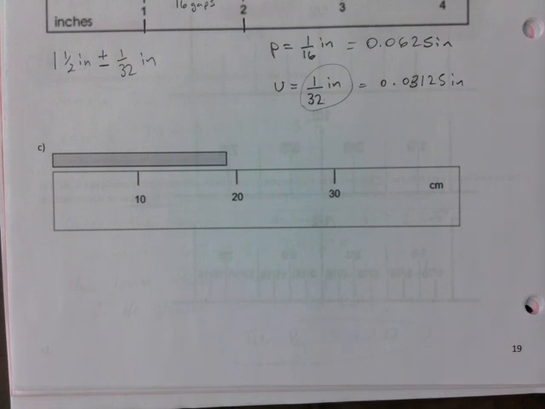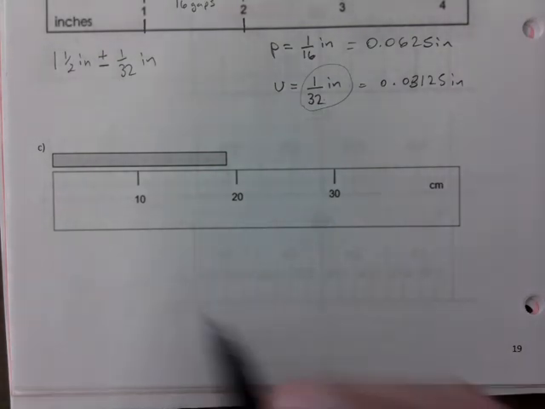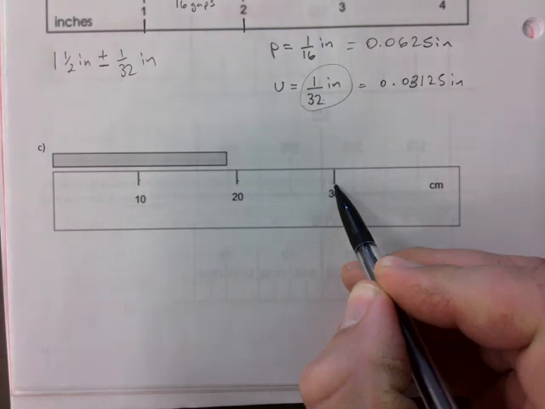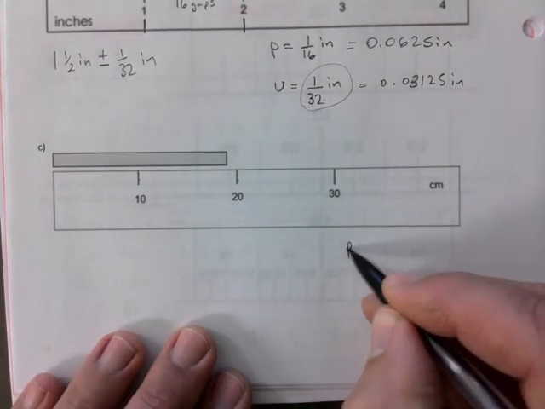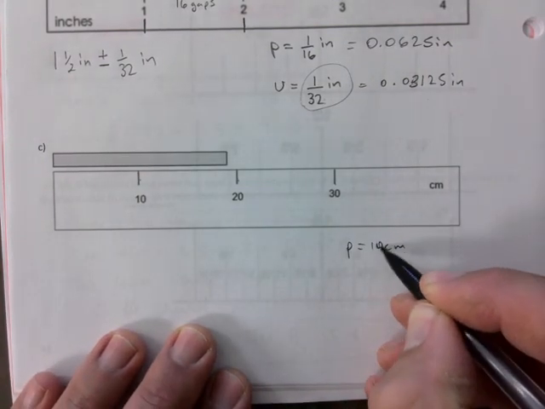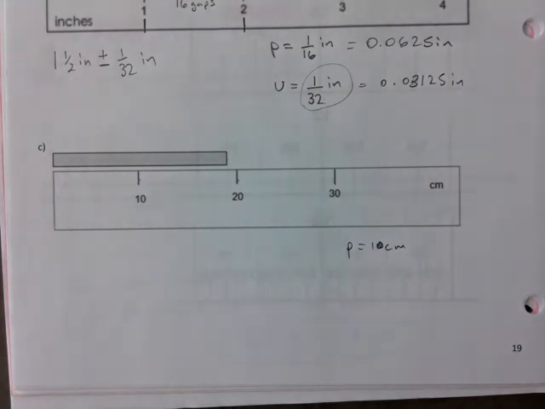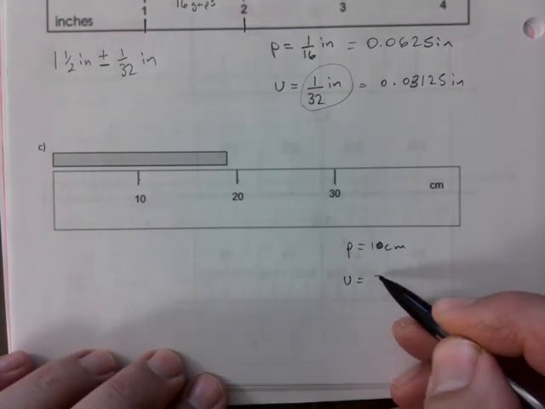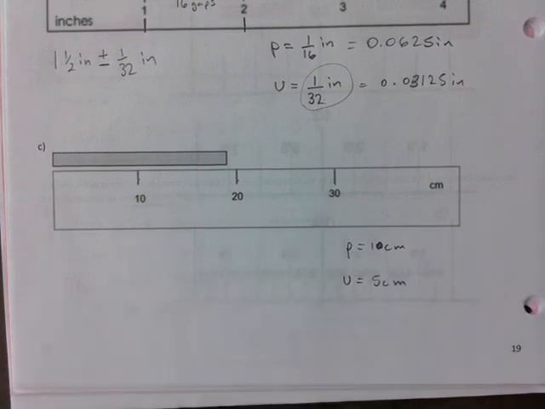I'm just going to wait for Mr. Dirksen to do this one because it's weird, right? Well, just look at it. From marking to marking, how much am I going up by? 10. So precision is 10 centimeters, right? I hope you can wrap your head around that. I know it's weird, but what's half of 10? That's 5. So you've got your precision and uncertainty of this device.